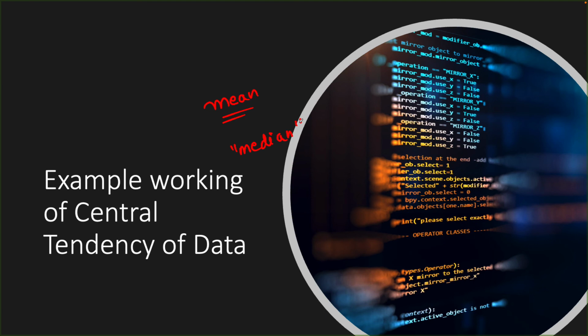In such scenarios, we prefer to work with the median because the median is robust towards the outlier. And when we are dealing with categorical data, we generally use the mode to impute the missing values. So this is the application of measures of central tendency in data science.